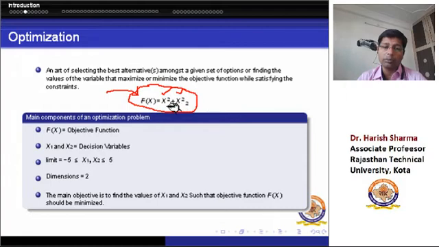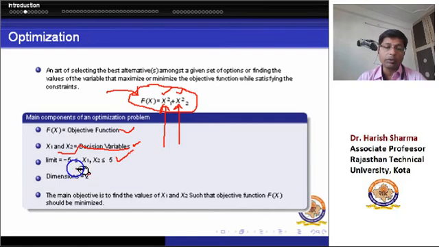The unknown parameters here are two: one is x1 and another is x2. These unknown parameters are considered decision variables, and f(x) is the objective function. This is the search range, the search boundary of this objective function.